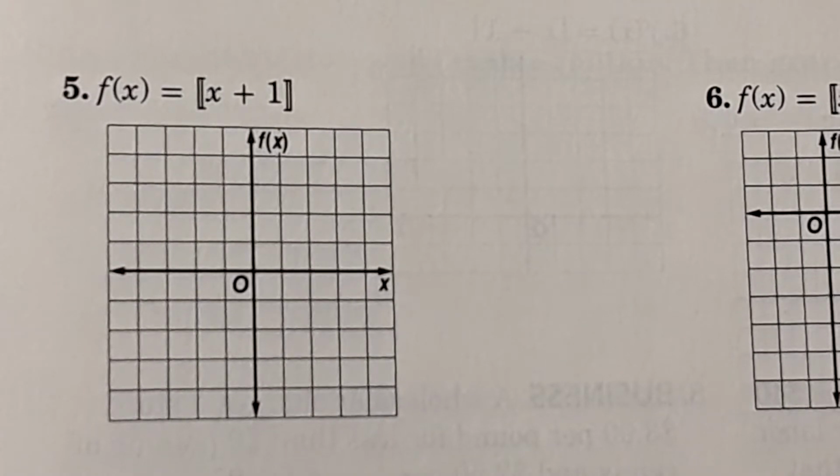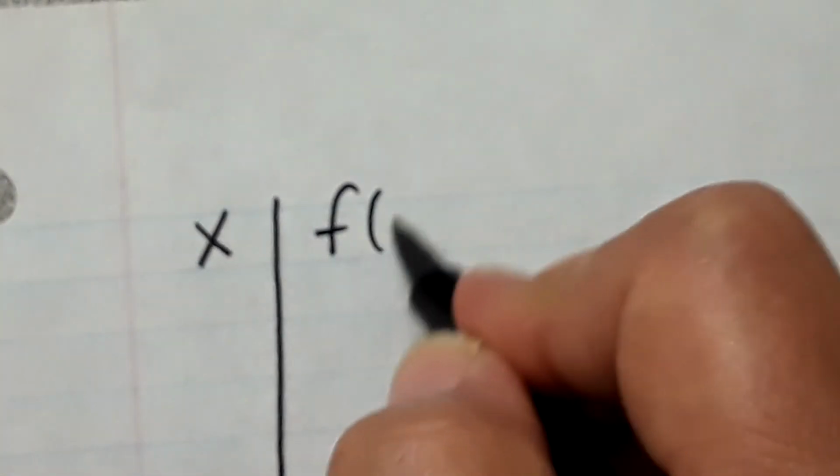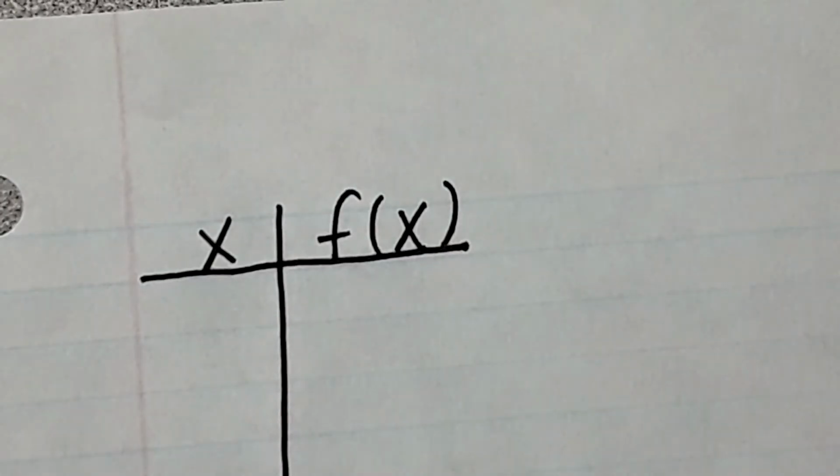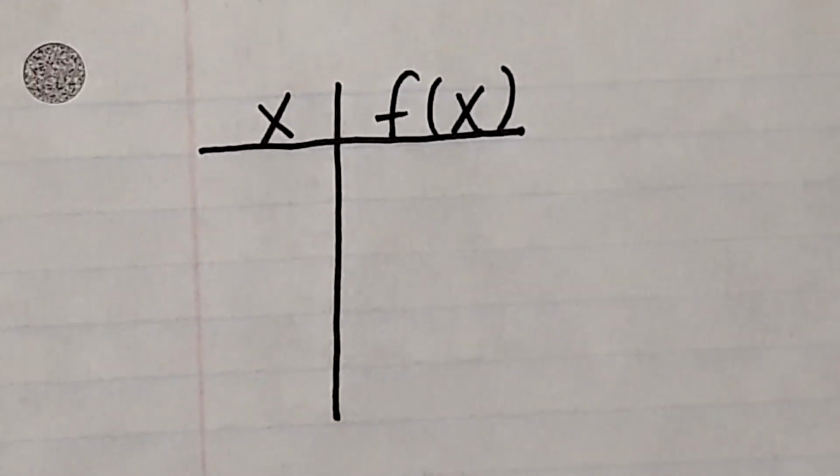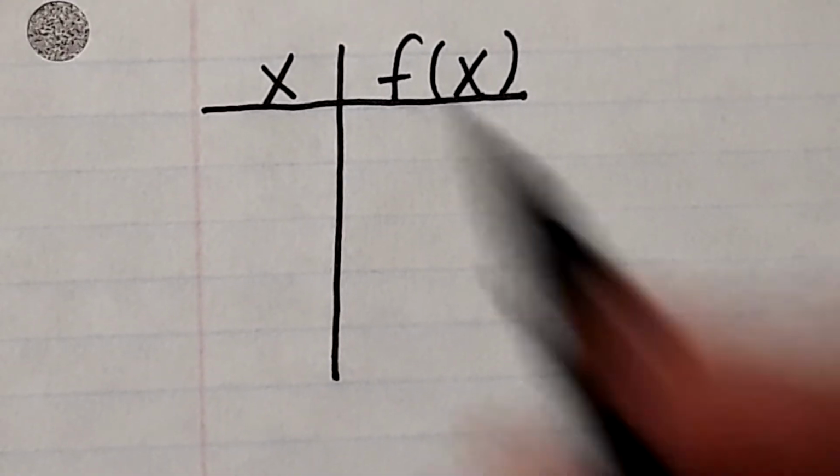We're going to do a table, and we're going to title it X and F of X. So I have X, and I have F of X. What is the smallest integer we can use on the X side to get us a good graph? -5.